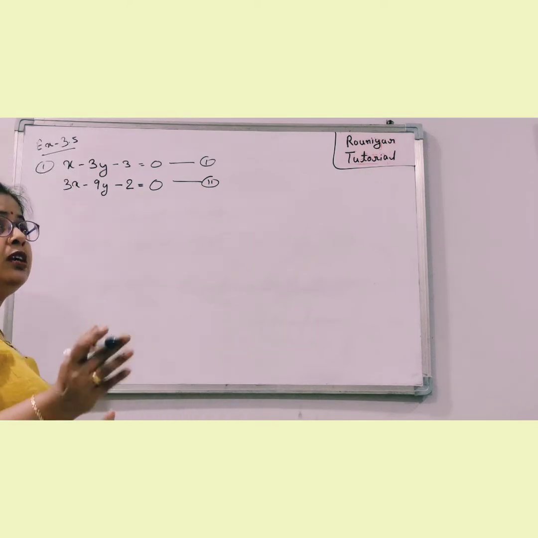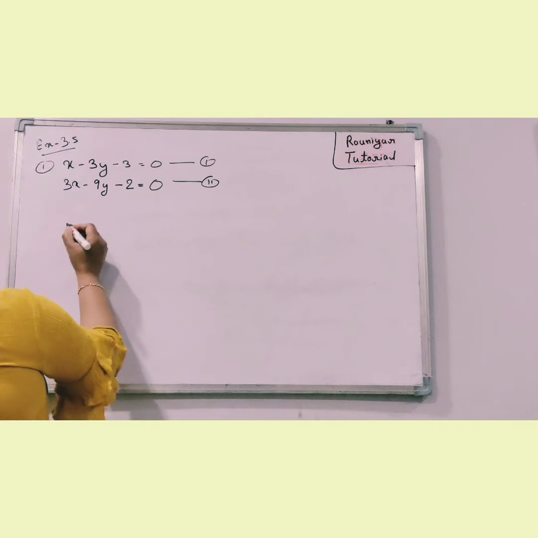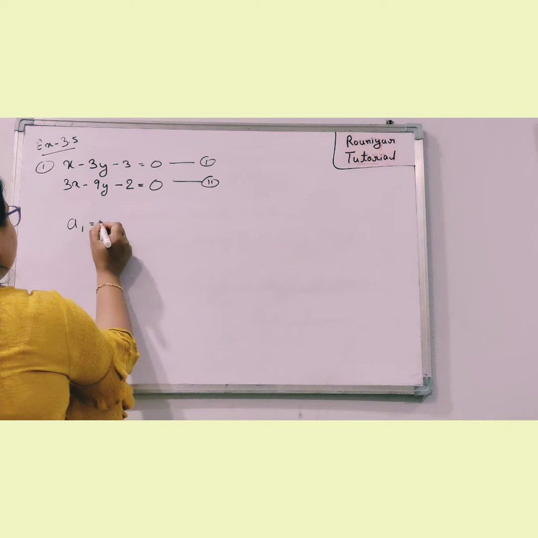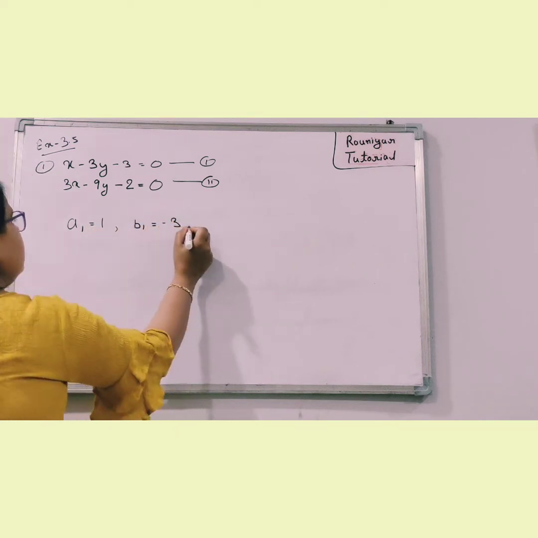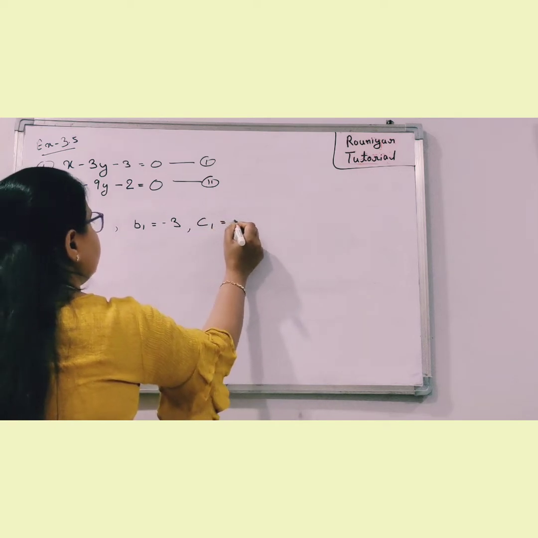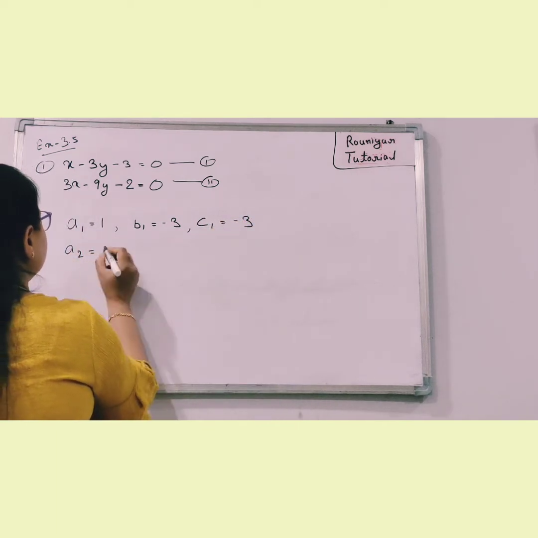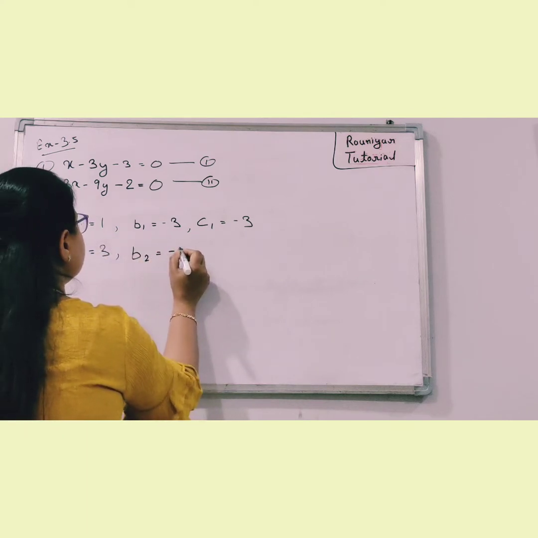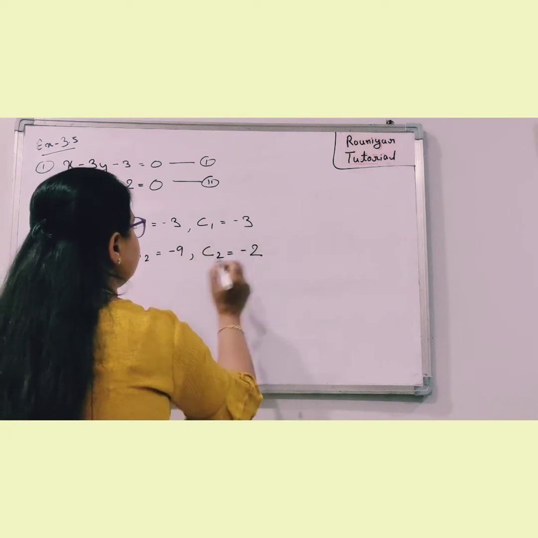तो उसके लिए सबसे पहले हम इनके कोएफिशिएंट को लेते हैं। तो यहां पर हम देखते हैं कि हमारा जो x का कोएफिशिएंट है दैट इज a1 इज इक्वल टू 1, b1 इज इक्वल टू -3 एंड c1 इज इक्वल टू -3 and a2 is equal to 3, b2 is equal to -9 and c2 is equal to -2.